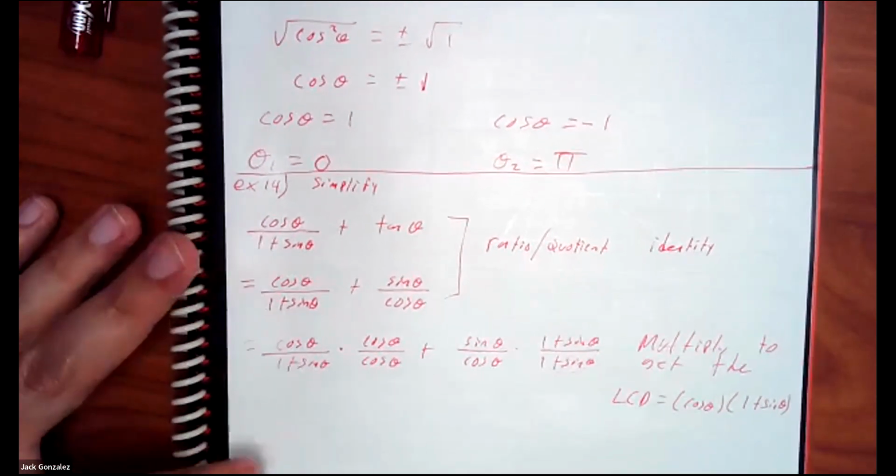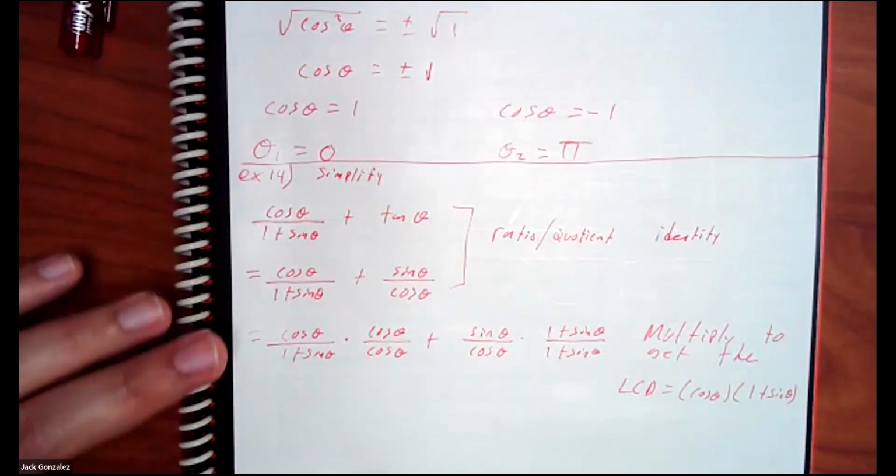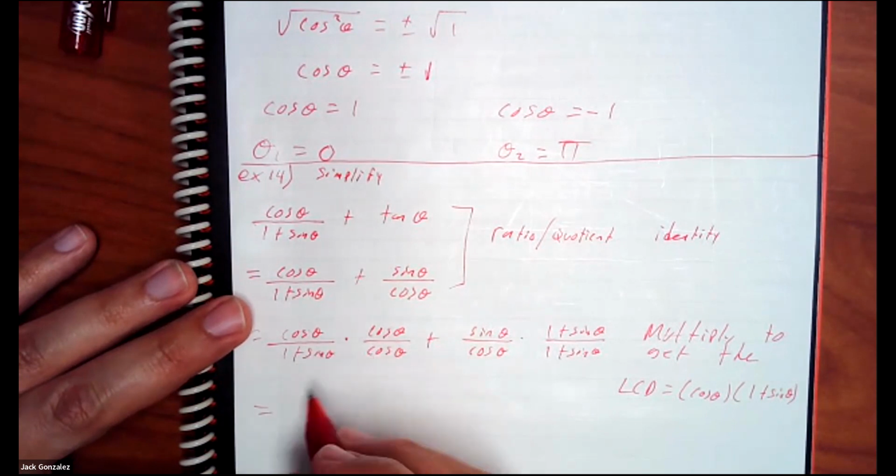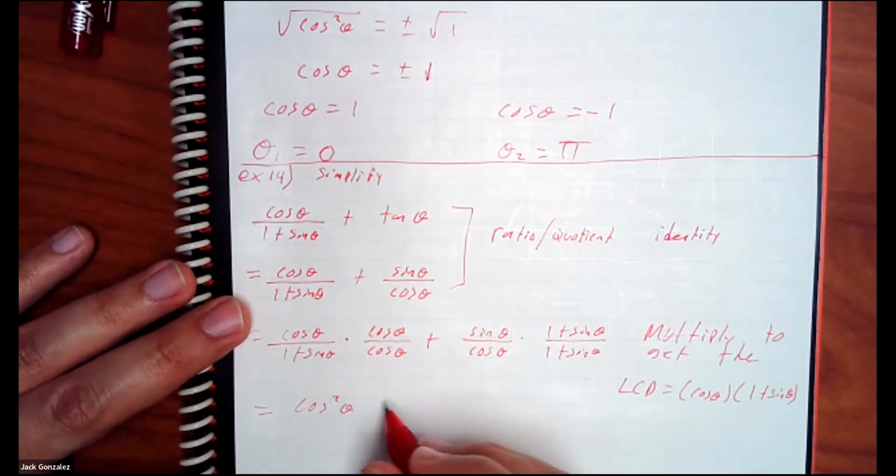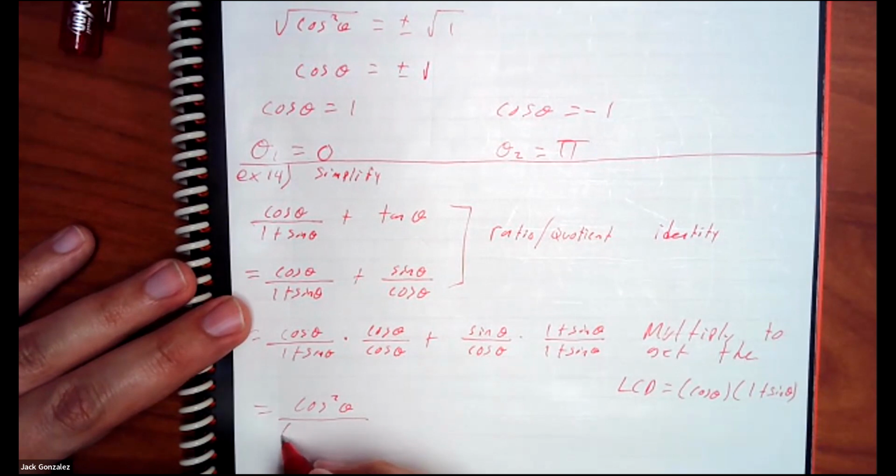So I did all that just to get the LCD. So now the top will have cosine times cosine, cosine squared, over the LCD. So now I got it.